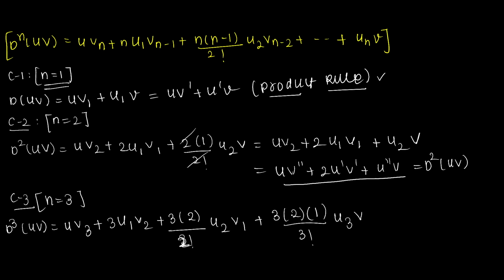In this entire expression, the 2 and 2 factorial get cancelled, and 3 times 2 is 6 and 3 factorial is 6, so this can be completely cancelled.